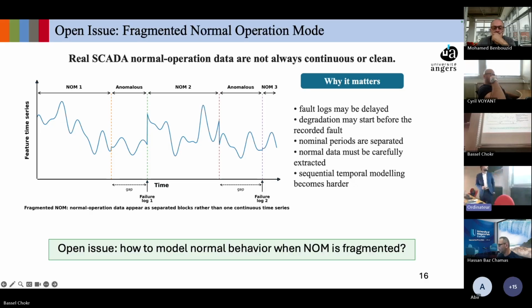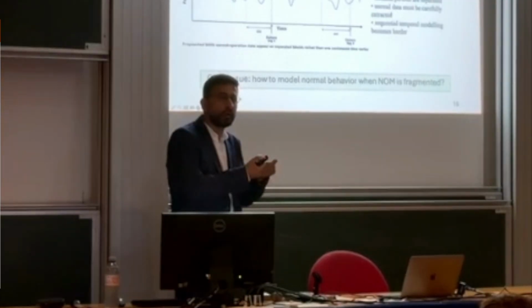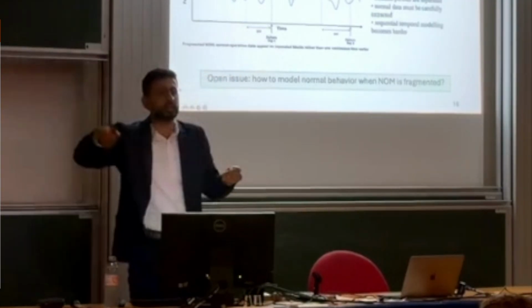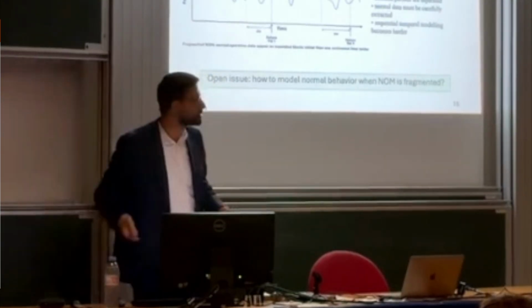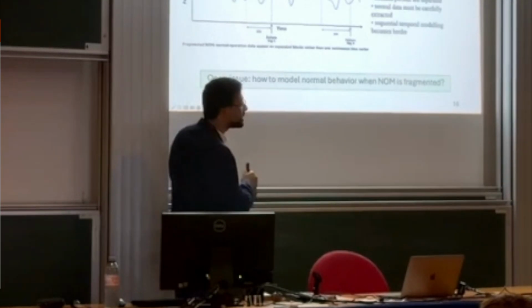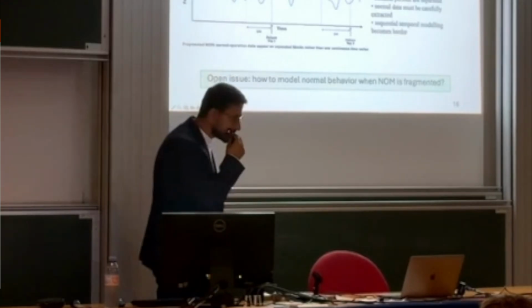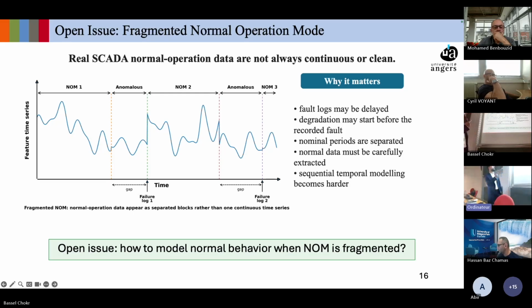What arises here is that when we face faults and we are treating a time series, we have to keep this sequentiality from 1 to 2 to 10 to 100 and 1000, while we will have gaps due to faults. So how will we address that? We are facing a fragmented normal operation mode, a fragmented NOM, and how can we address that? This is an open issue in the literature, which we will address in this work.